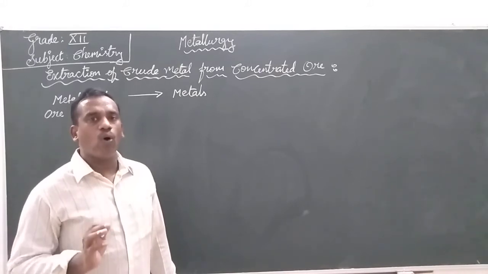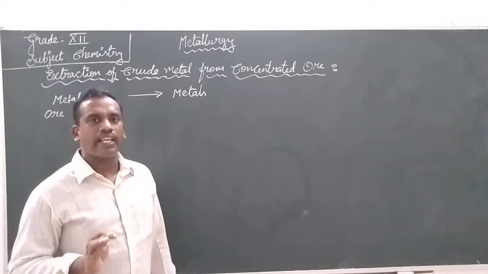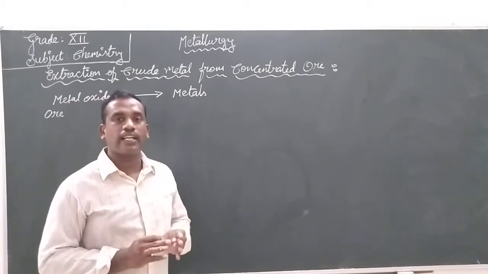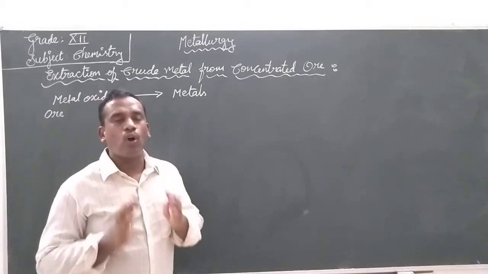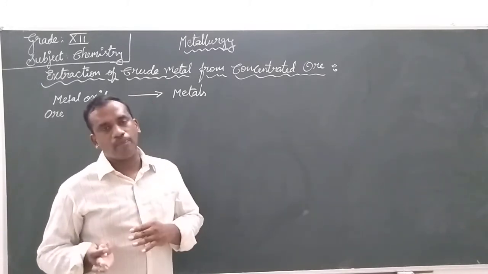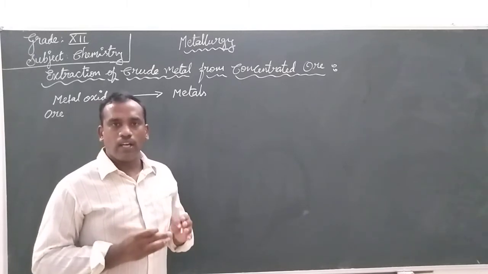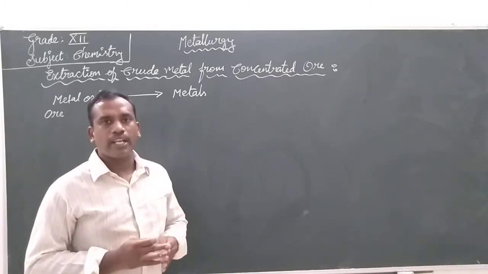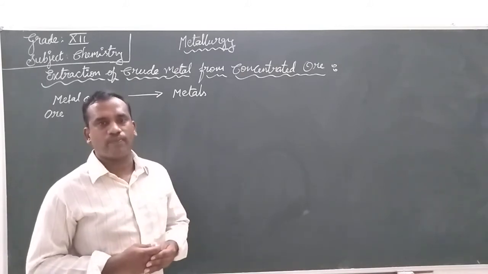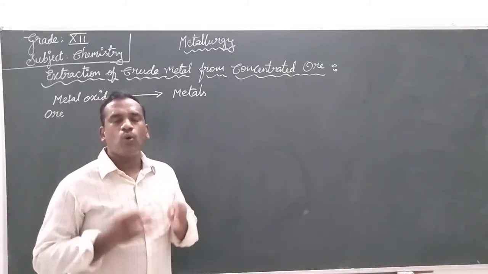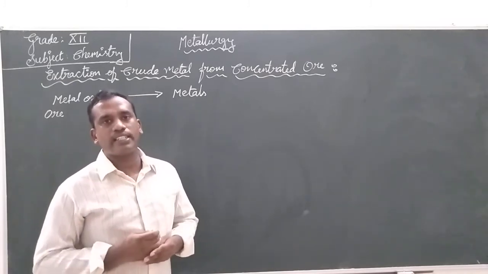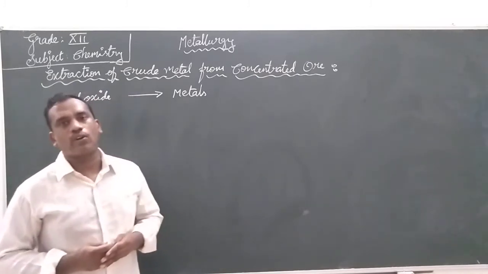Only a few ores occur in the oxide form, and they too do not occur in the pure oxide form. They will be combined with some water vapor, or they will be combined with some carbon dioxide. So we need to remove these volatile components from the oxide ore.